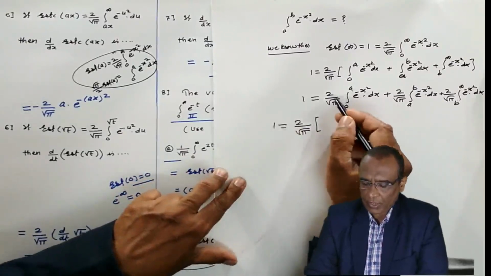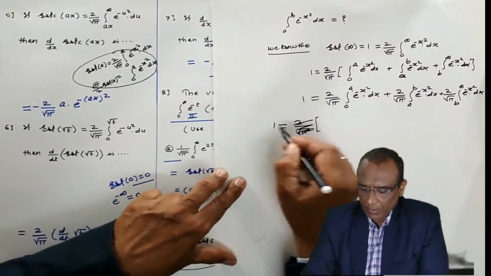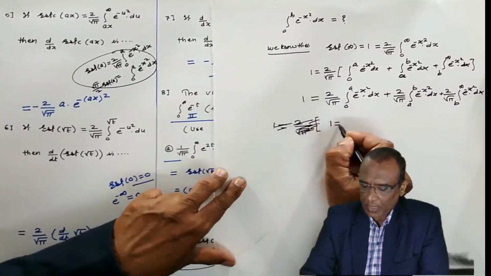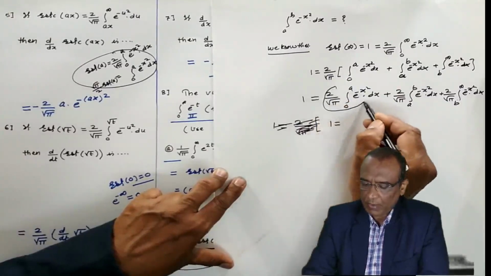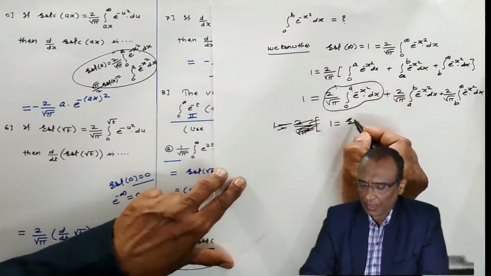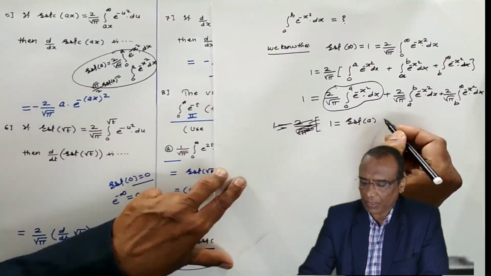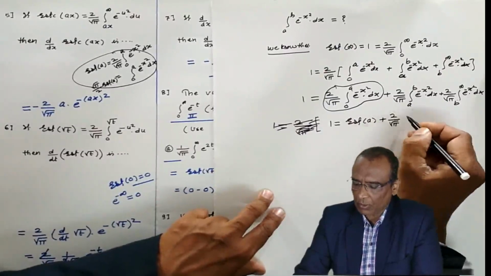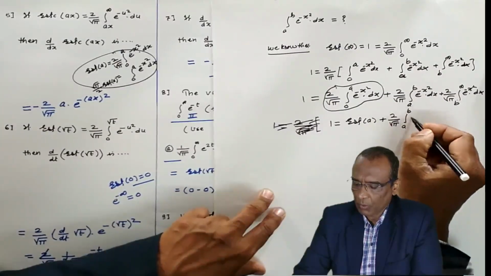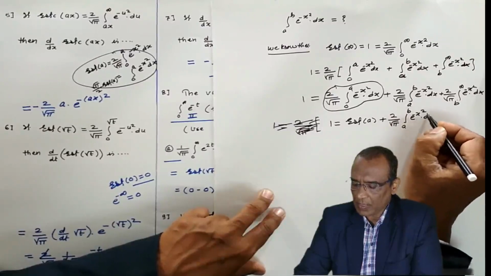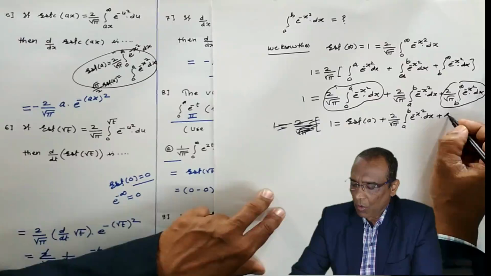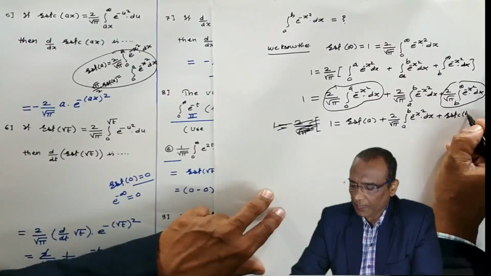By definition of error function, 2 by root pi integral 0 to a is error function of a. Now this I am keeping as it is, because value of integral a to b e to the power minus x square I want. And by definition, the last one is the complement of error function of b, erfc.